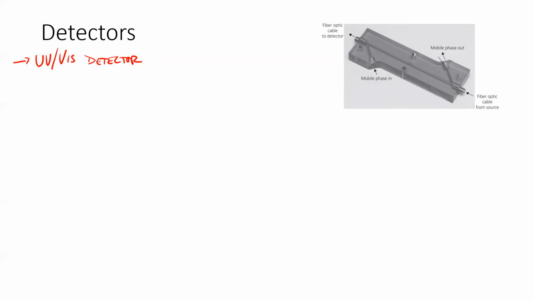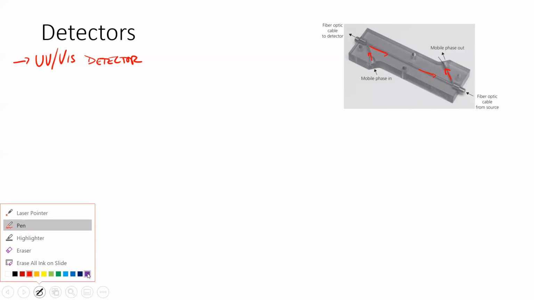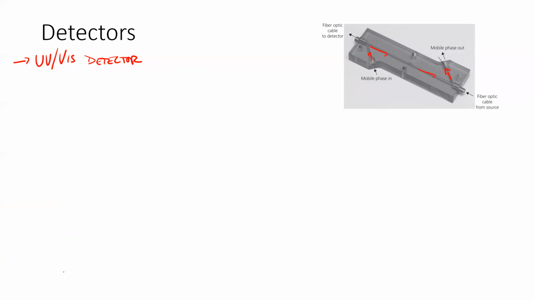The way that this works is, you can see here it's been cast in like an acrylic, but you have your mobile phase coming in. I'm going to draw the path of the mobile phase. It comes in this way, it goes down, and then it exits that way. By doing it this way, you have your optical path. So that's the light.